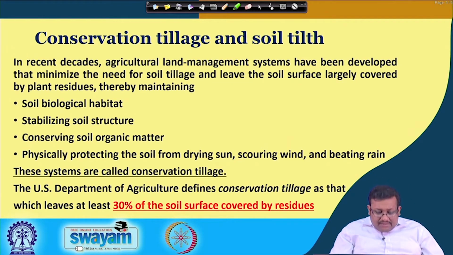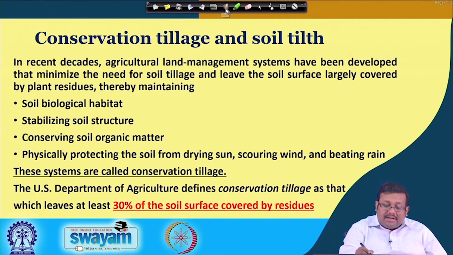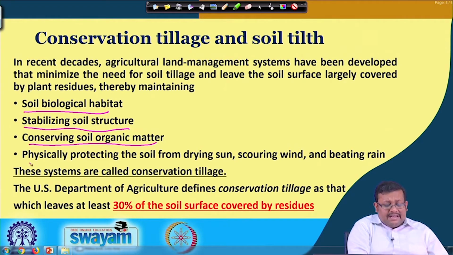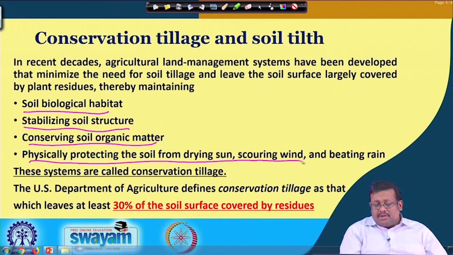Now, as a result of conservation tillage, generally we maintain soil biological habitat, and we stabilize the soil structure. We maintain first the soil biological habitat, then we stabilize the soil structure, then we can conserve the soil organic matter, and finally physically protect the soil from drying sun, scouring wind and beating rain.